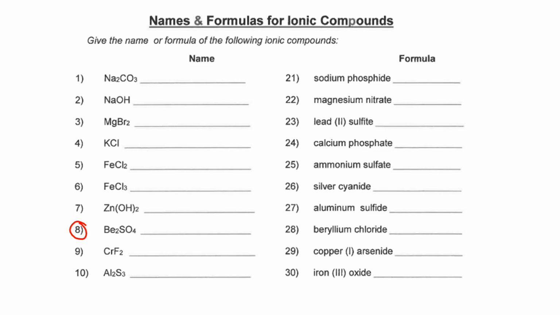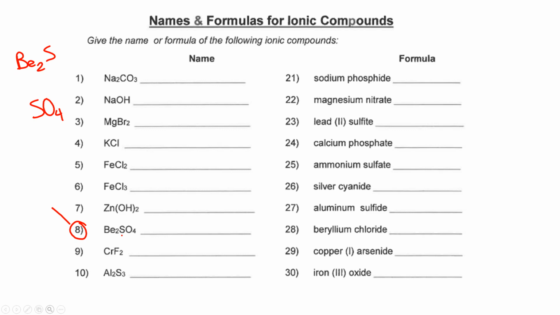If you ever see 3 or more elements in a compound, what does that clue us in to do? Where should we look? The polyatomic ion list. So I could break this down two different ways. On my polyatomic ion list, I'm either looking for Be2S and treating the O as separate, or I'm looking for SO4.